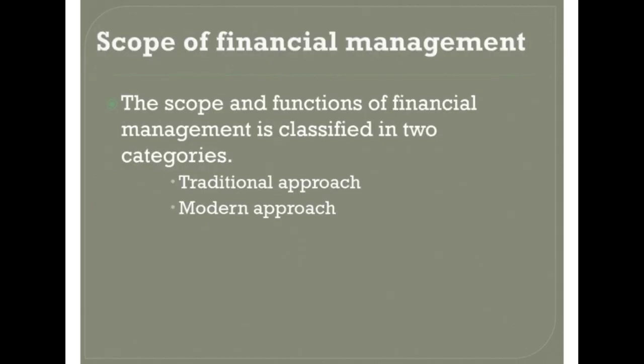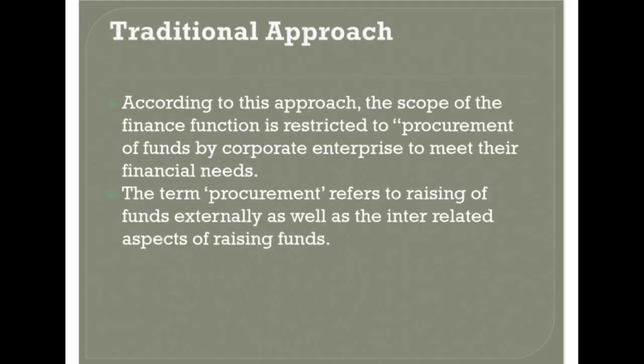Now, scope of financial management. The scope and function of financial management is classified into two categories. First is your traditional approach, second is your modern approach. Now, what does traditional approach say? According to this approach, the scope of finance function is restricted to procurement of funds by corporate enterprise to meet their financial needs.